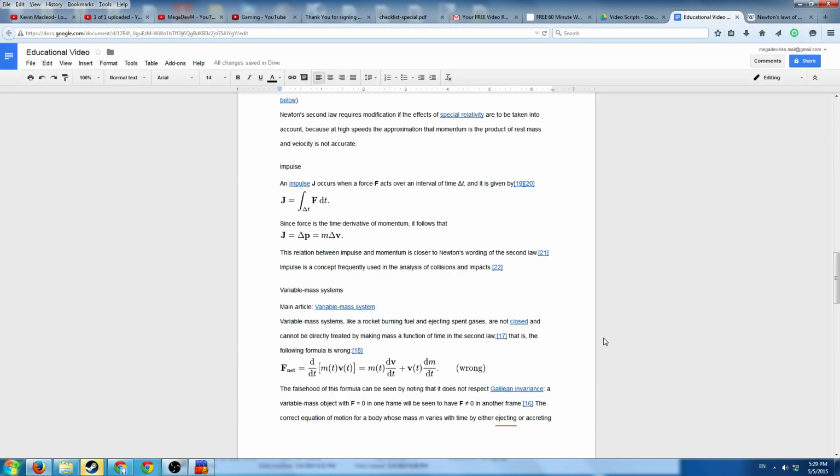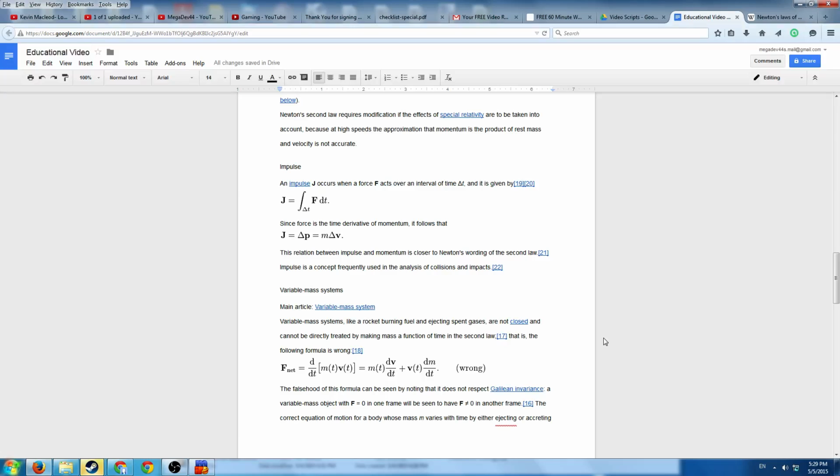The falseness of this formula can be seen by noting that it does not respect Galilean invariance. A variable mass object with F equals 0 in one frame will not be seen to have F equal to 0 in another frame.